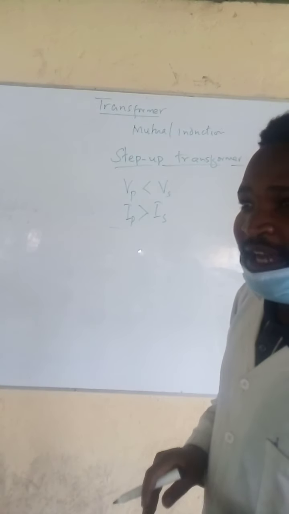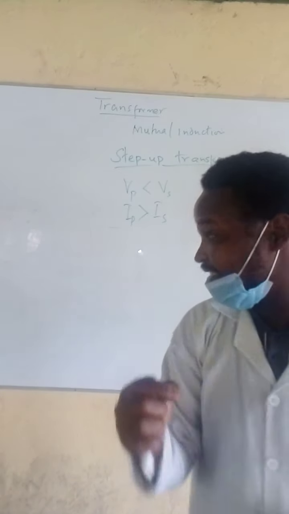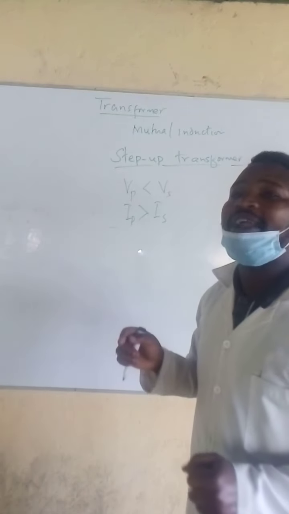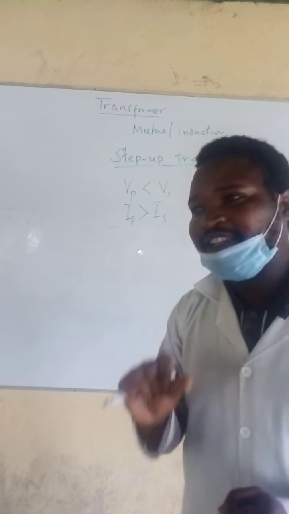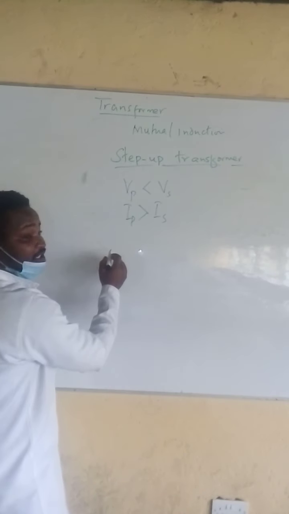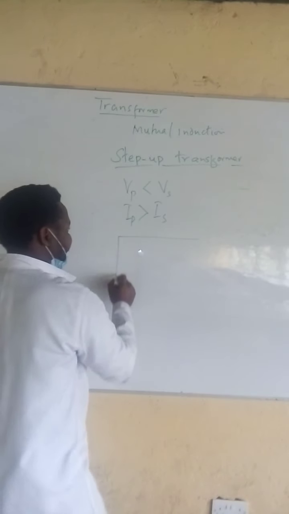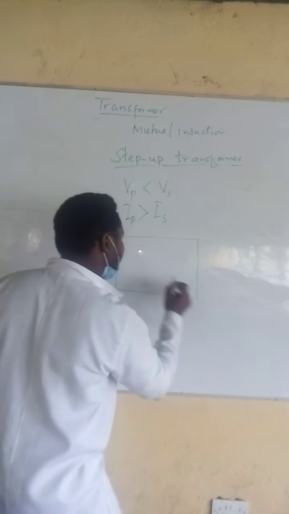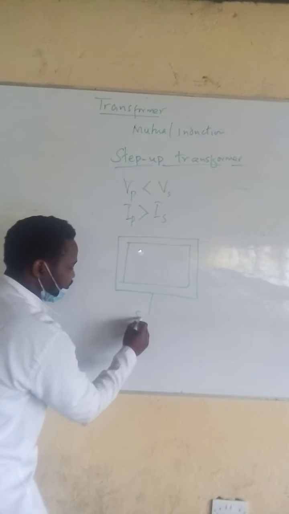How is it stepped up? In a step-up transformer, the number of turns in the primary coil are fewer than the number of turns in the secondary coil, as shown below. So in a step-up transformer, it looks like this. This is our soft iron core.